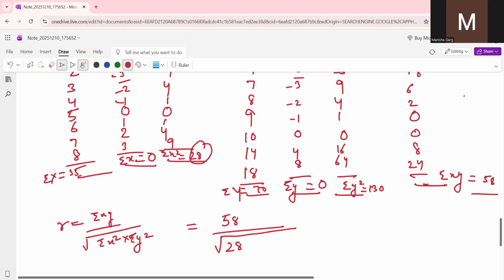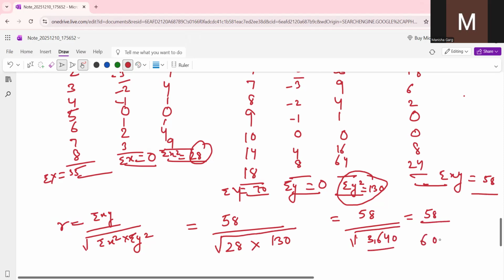And multiply summation of y square, that is 130. 58 divided by, when we multiply this, we have 3640, and under root of this value we have 60.33, and when we divide this value we will have positive 0.96.